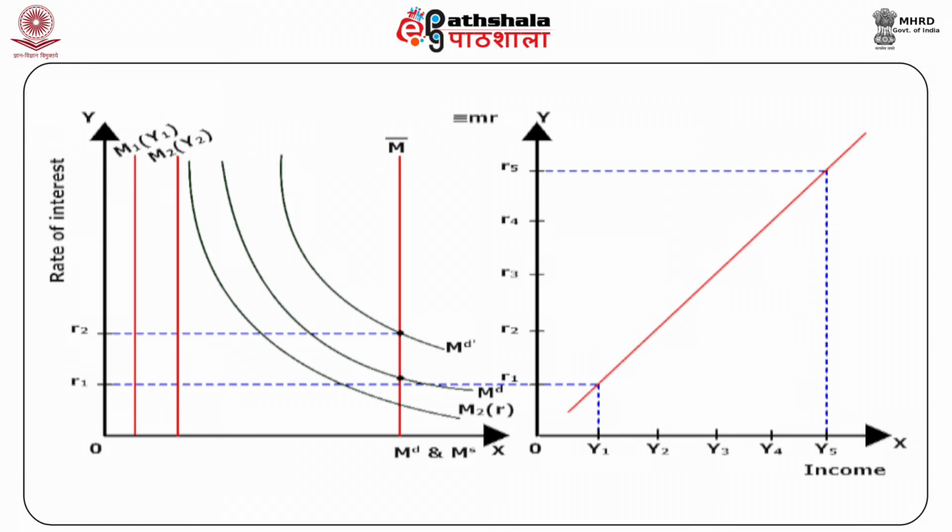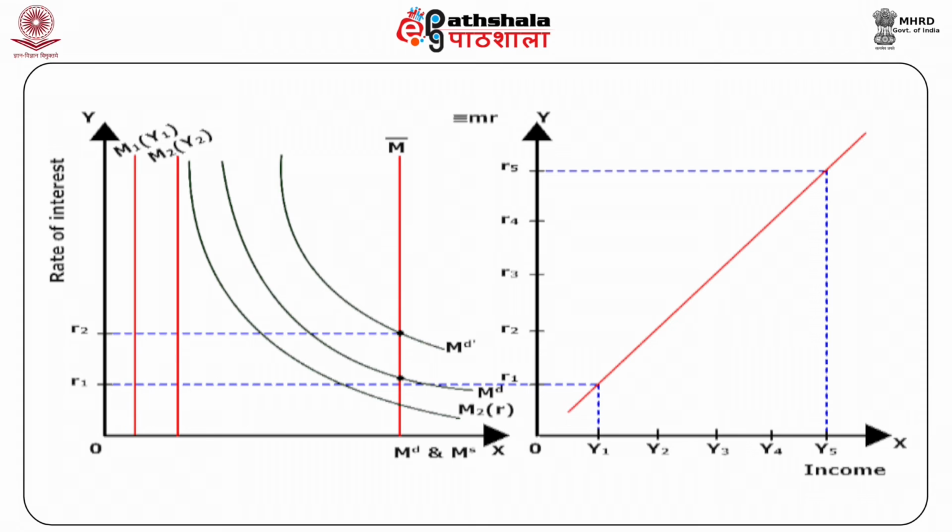So, what do we observe? We see that R1 is associated with a lower level of income Y1, and R2, which is the new equilibrium rate of interest, is associated with a higher level of income Y2, and so on. We can go on increasing the level of income coming from the product market from Y1 to Y2 to Y3 and so on.